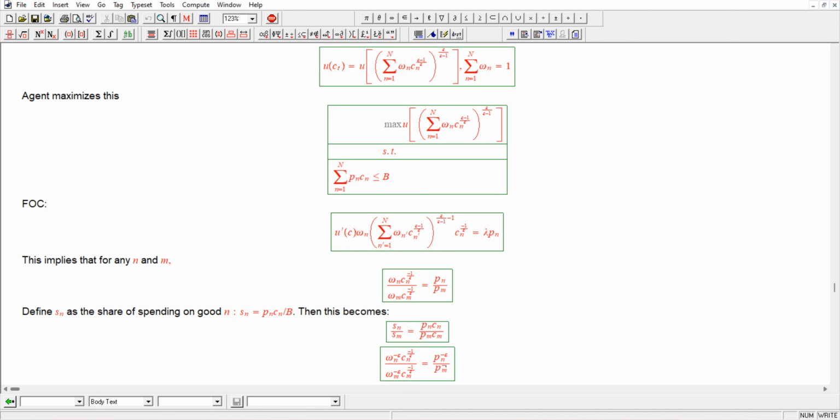And this to the minus epsilon, where these exponents here are cleared.